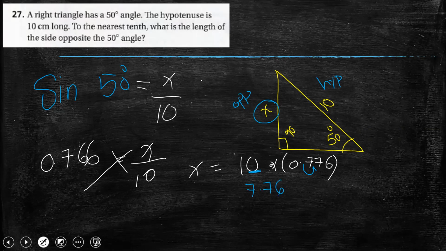I will repeat: if you multiply any decimal number by 10, look at the number 10, how many zeros? 1 zero, so I move the decimal point 1 digit to the right. With 2 zeros, 2 digits. So the decimal point will be moved to here, and we have 7.66.